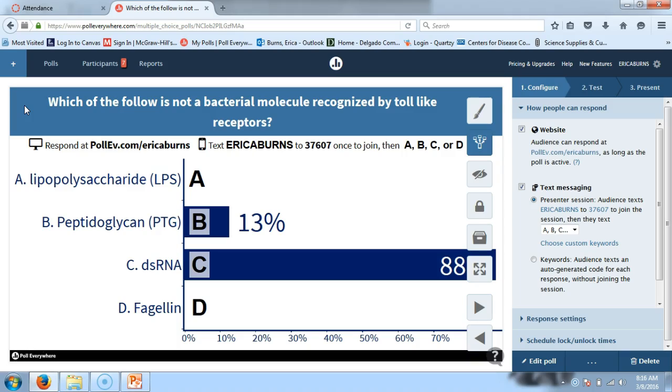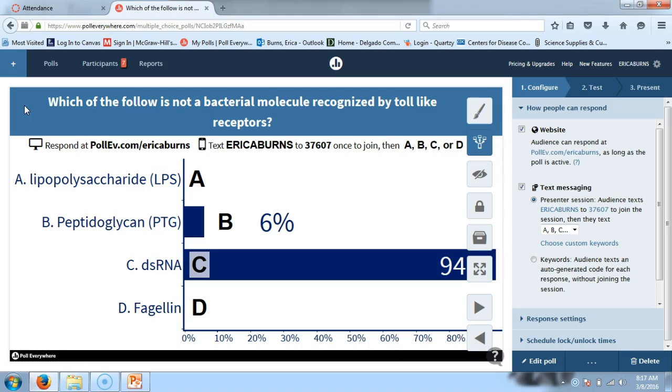Do all bacteria have lipopolysaccharides? No, but some do, and we call those what? Gram negative. That's part of the outer membrane. Peptidoglycan. Most bacteria, right? That's a bacteria characteristic we learned from the beginning of the course. Flagellin, what is that?